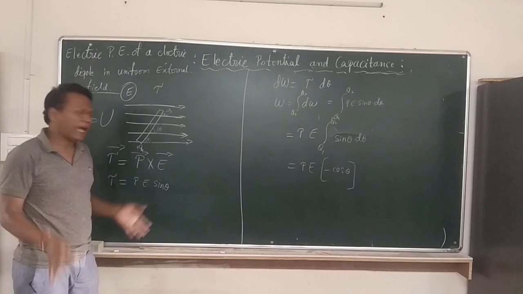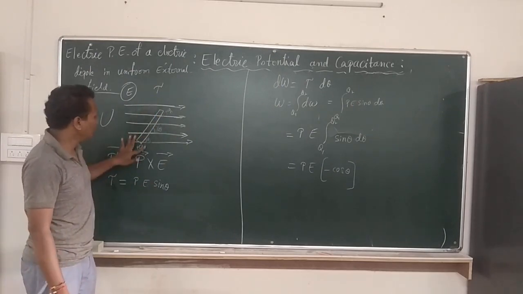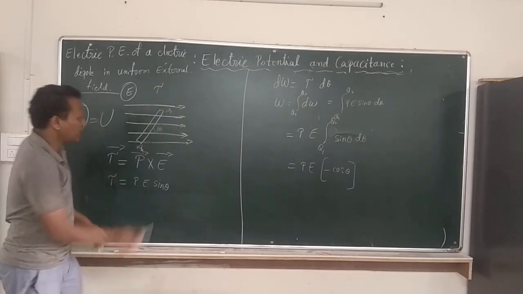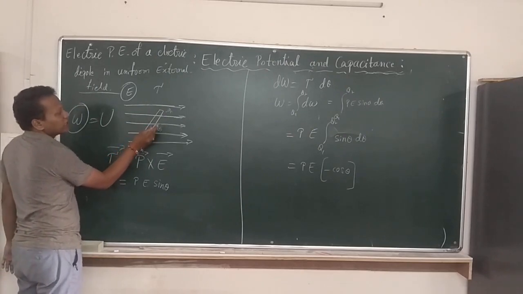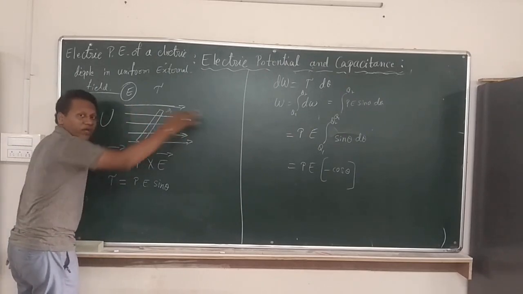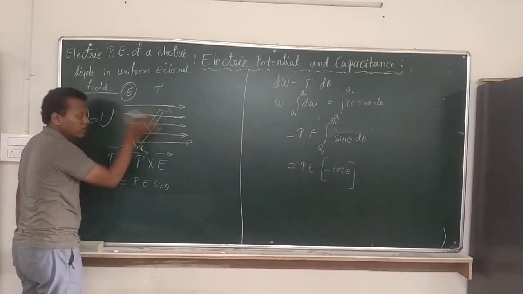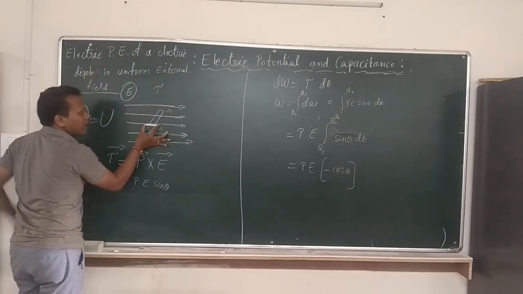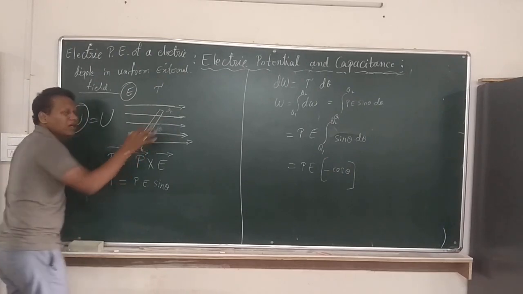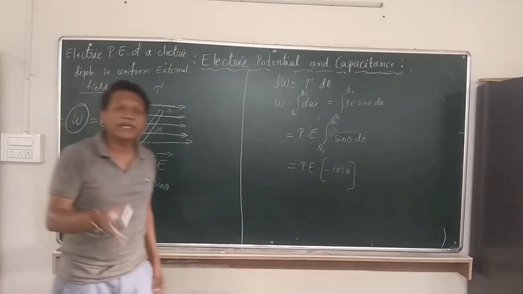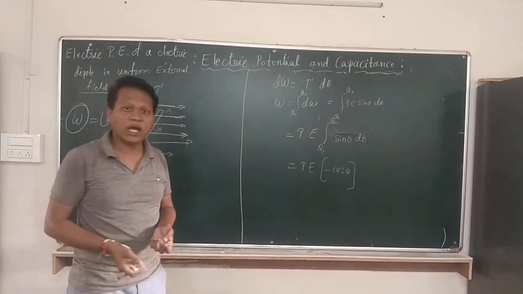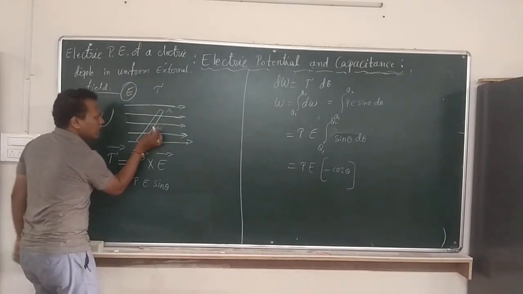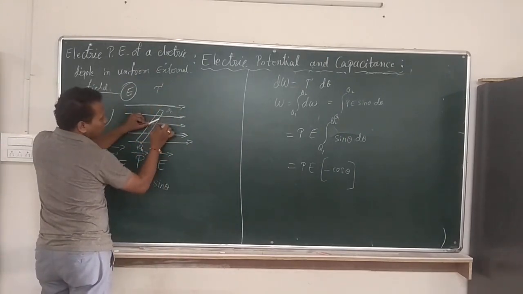For every action, there will be an initial angle and a final angle. Initially this electric dipole is in the direction of the external electric field. When I start to apply the uniform external field, it starts to rotate, continuously losing its alignment. Initially it is at the angle theta 1.